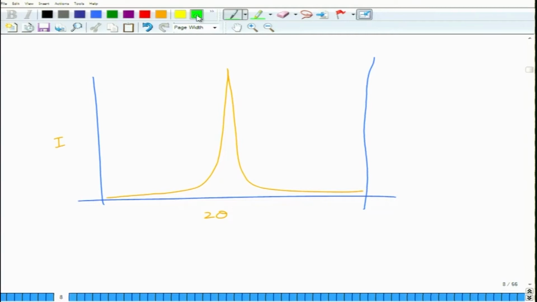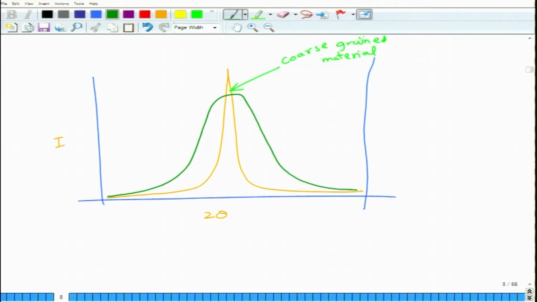So this is for instance for a coarse grained material, whereas the same for a fine grained material would be like this.